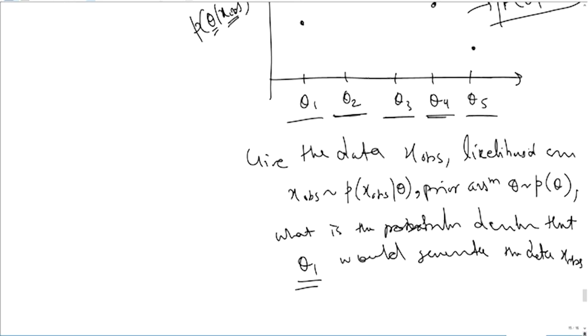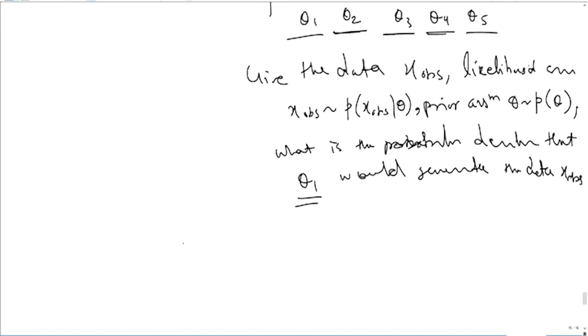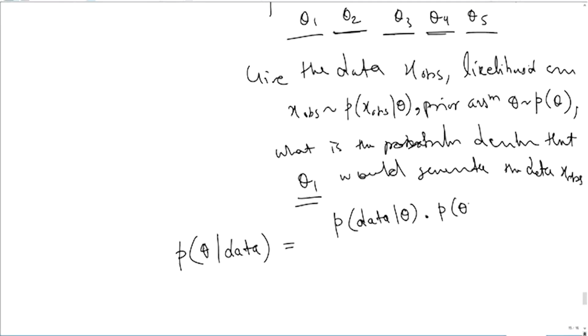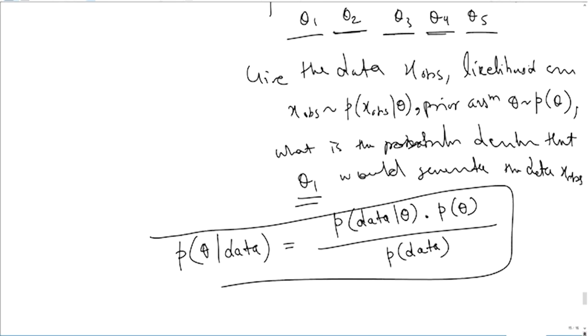And we have seen that the probability density of any particular value of the parameter theta given the data is actually the likelihood of a particular value of theta that it would generate the data, times the prior density of theta, divided by the marginal likelihood. This is what we have seen.